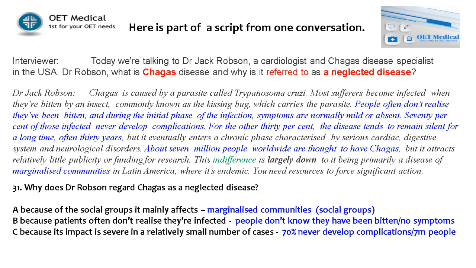So, this is an interview with Dr. Jack Robson, a cardiologist and Chagas disease specialist in America. Now, the interviewer is talking, so we know it's going to be an interview. Therefore, there'll be two people speaking, so there'll be breaks between the interviewer speaking and the guest speaking.